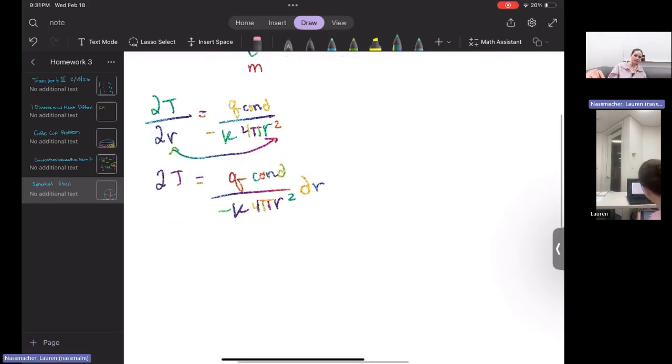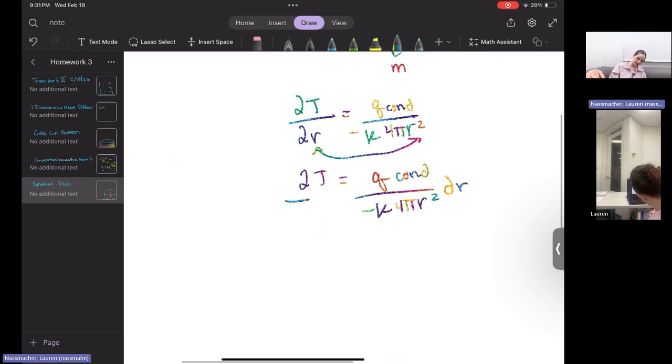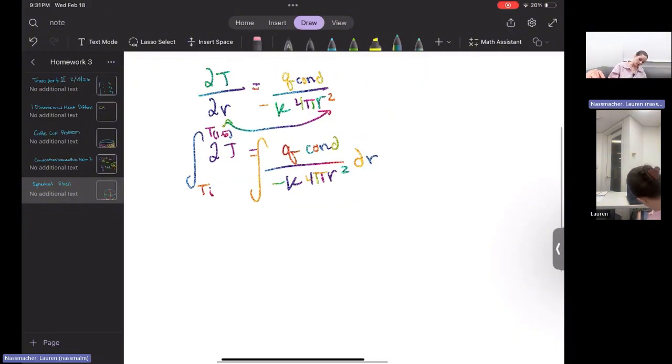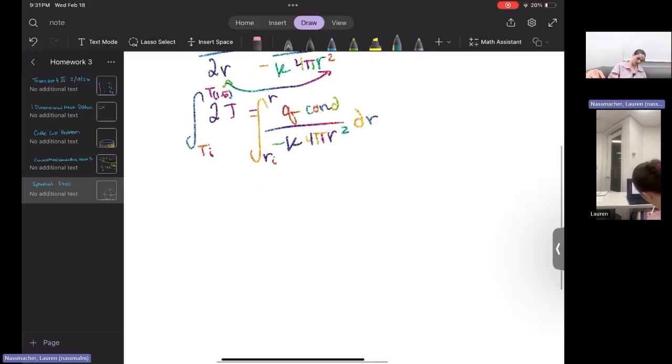And this is what we want, because that'll help us find the change in temperature. When we take the integral, we'll take it from the temperature at the inner radius to the temperature at the radius we desire, 1.5 meters, and from the inner radius to the radius we desire, 1.5 meters.